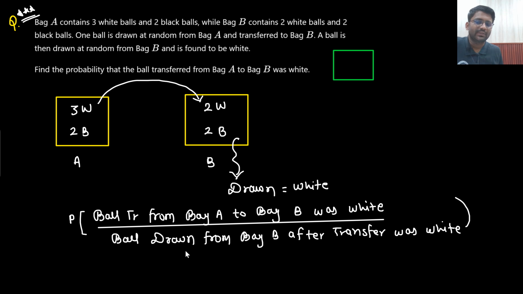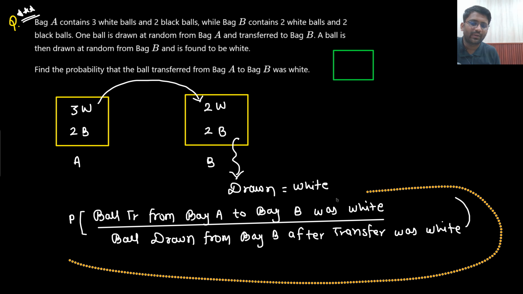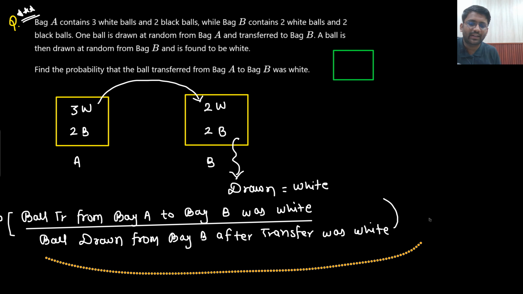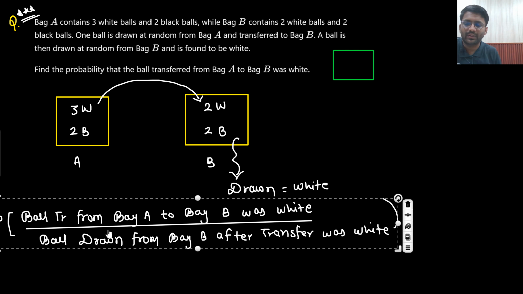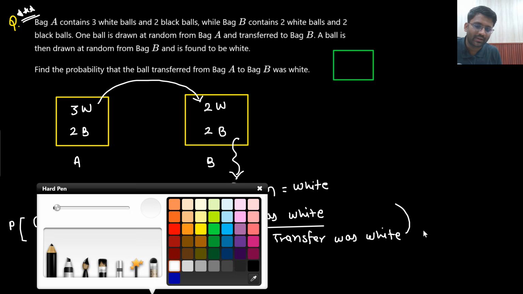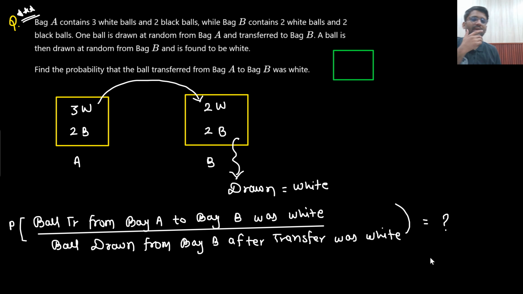So what are the two scenarios? First of all, this is what we are supposed to find out. And what is the first process? The first process is that you are transferring the ball from A to B. This is what we are supposed to find out. So the transferred ball could either be black or white.